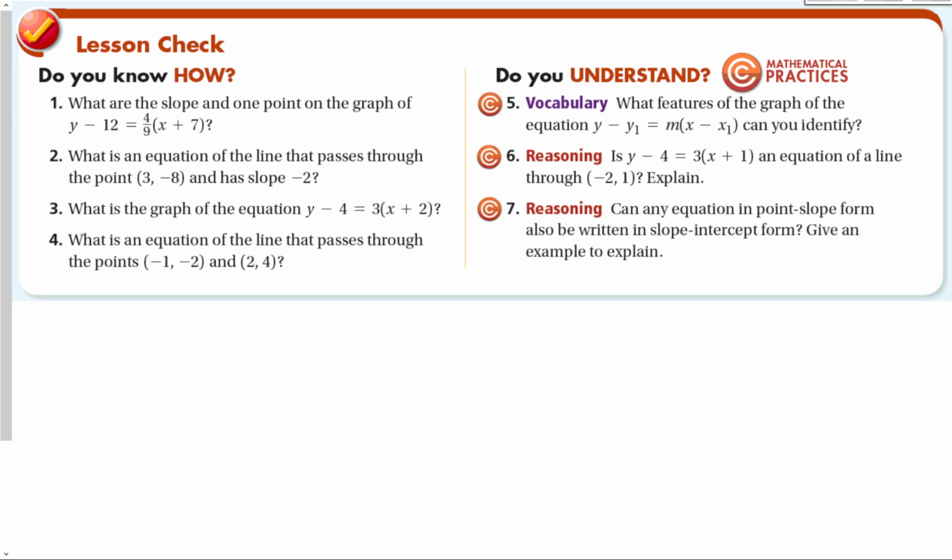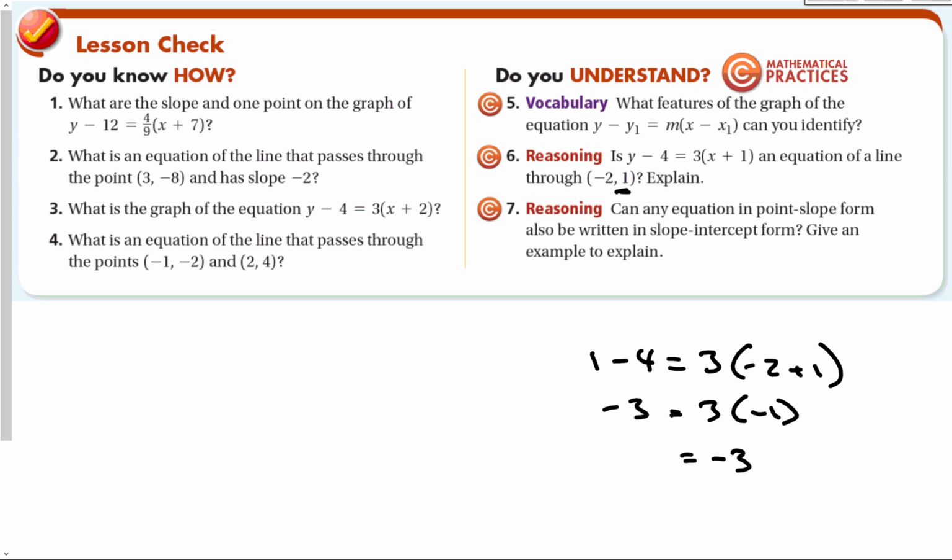That's why it didn't look like it was going to work. y, 1 minus 4 is equal to 3 times negative 2 plus 1. Much better looking. That's negative 3. Negative 2 plus 1 would be 3 times negative 1, which is also negative 3. So this does work. So it is a point on that line.